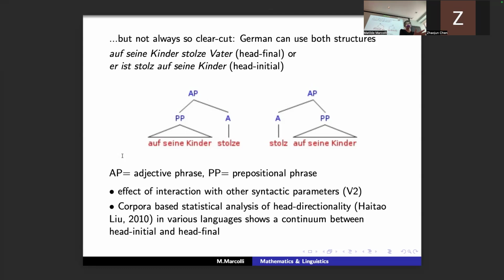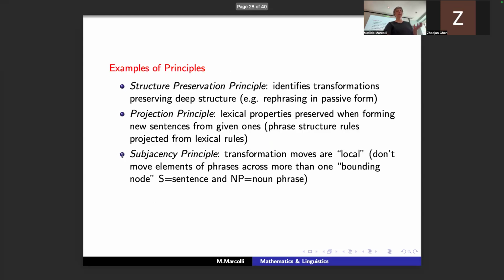And there are various examples that have been seen in other languages of how this head directionality seems to be affected by the presence of other parameters. So this is an example of how the parameter side works, and principles on the other hand are more general properties, concerning what types of transformations preserve the same deep structure, like these rephrasing transformations and so on.